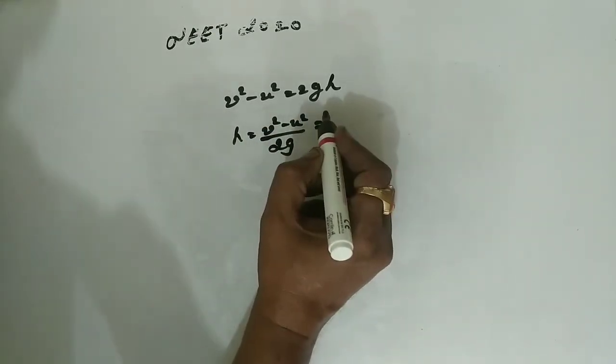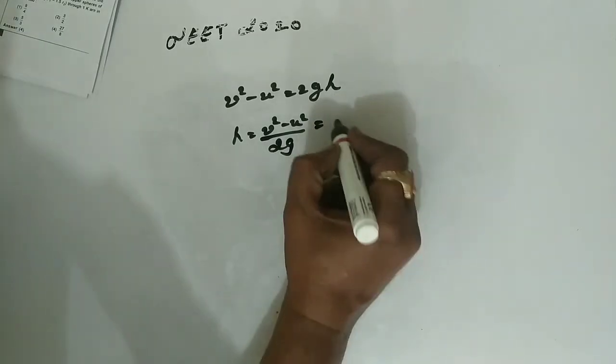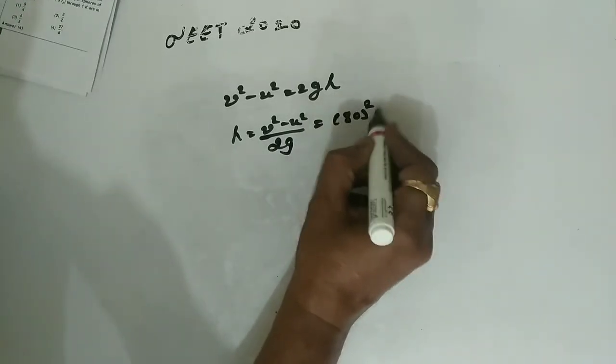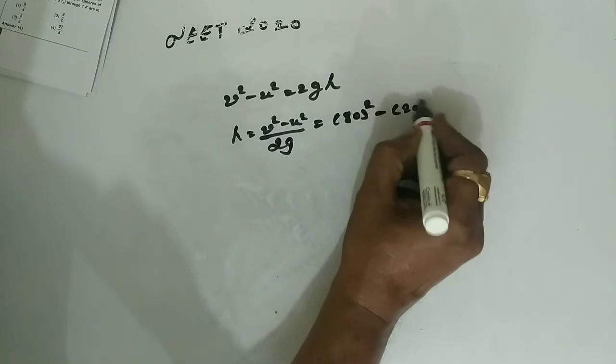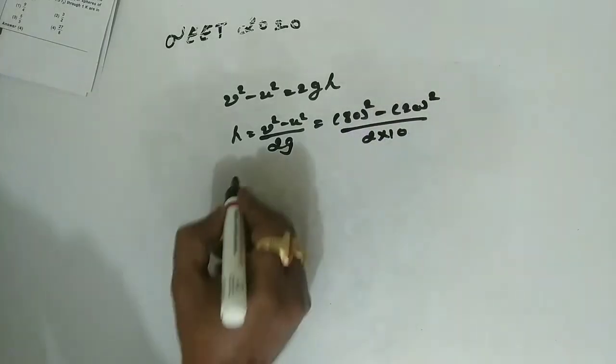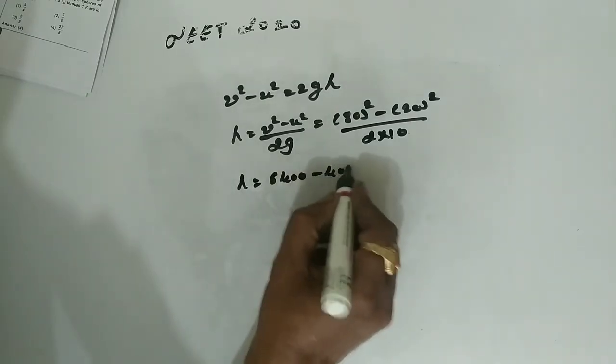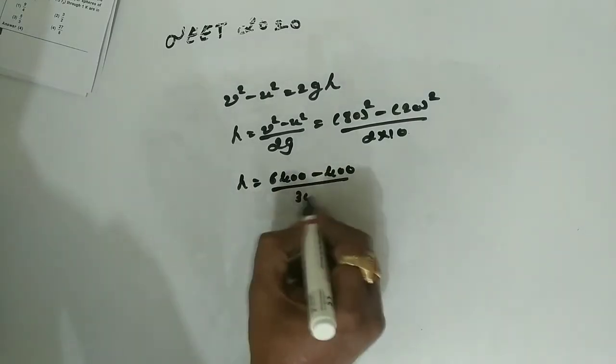What is the final velocity? That is hitting the ground, 80. This is 80 square. This is initial velocity 20 square. This is nothing but 2 into 10. Shall I write 6400 minus 400?